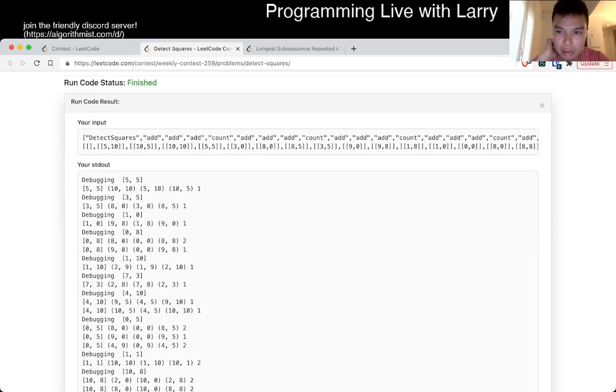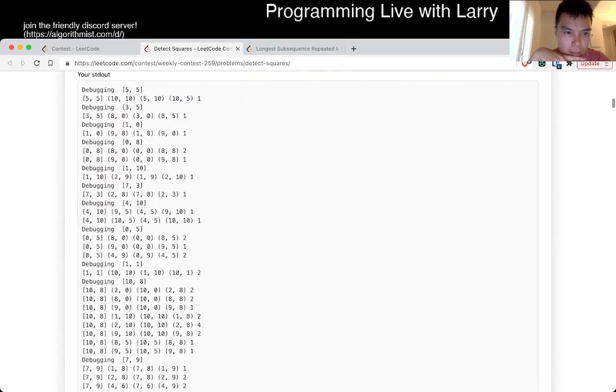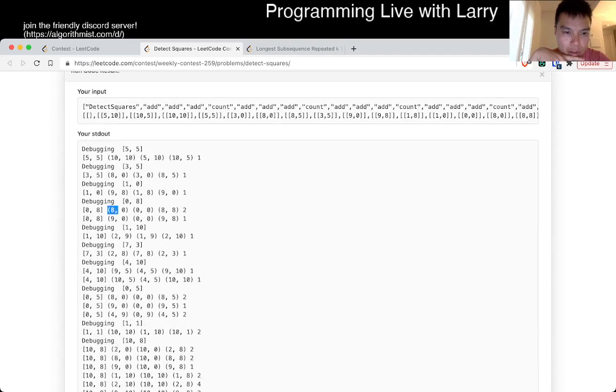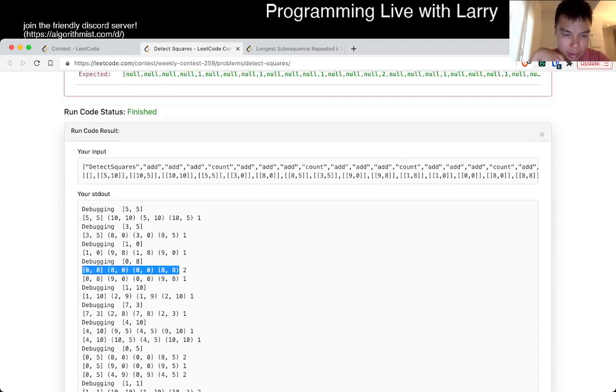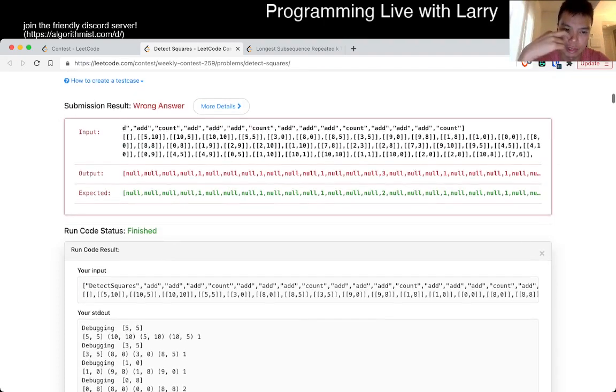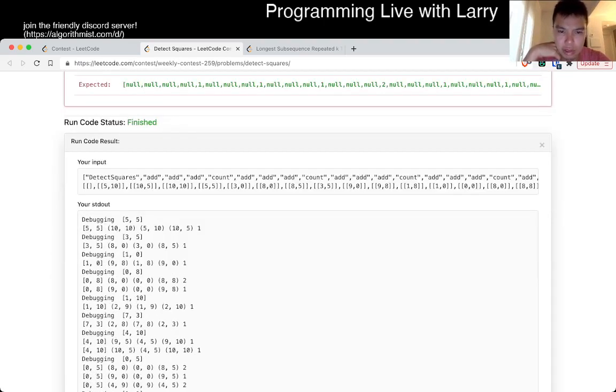There's 2 eight zeros. Did I misunderstand the problem? That seems axis aligned, so that's okay. Oh, no. Am I looking at the right one? Yeah, I'm looking at the right one. I'm returning 3, but the expected answer is 2. There's 2 eight zeros. So am I misunderstanding it?